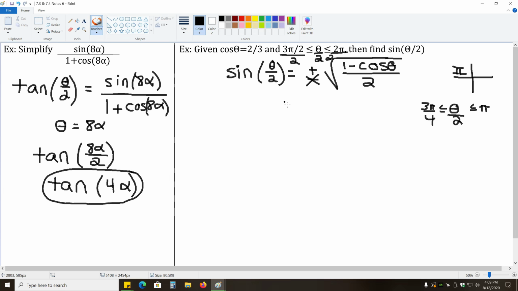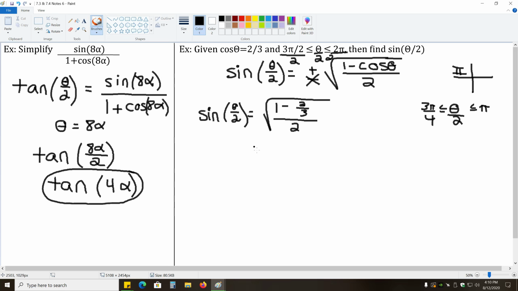Okay, so continuing on from here, we get sine of theta over 2 is equal to the positive square root of 1 minus cosine of theta, which we know is 2/3, all over 2.